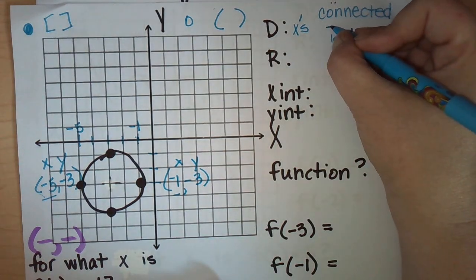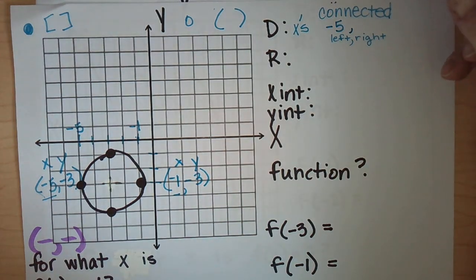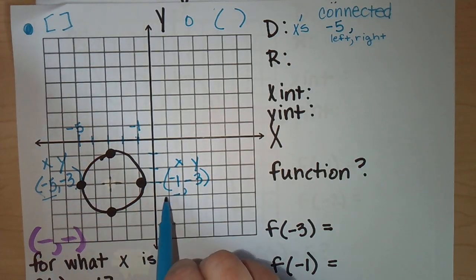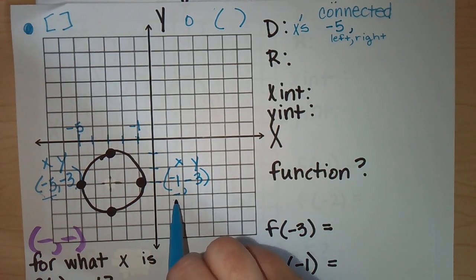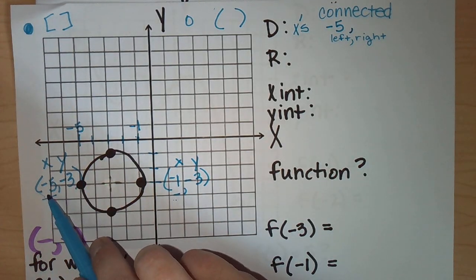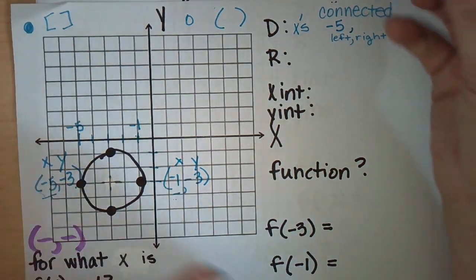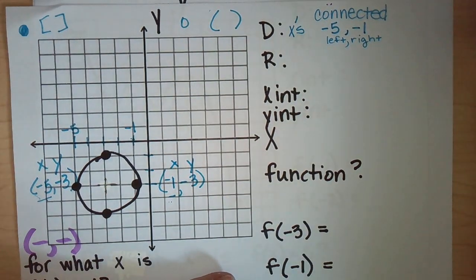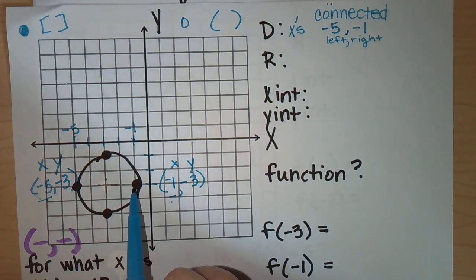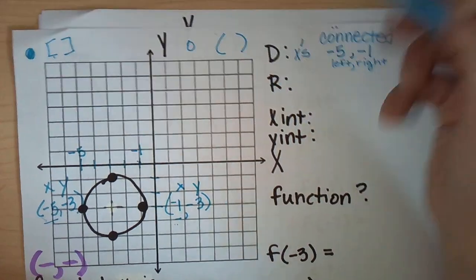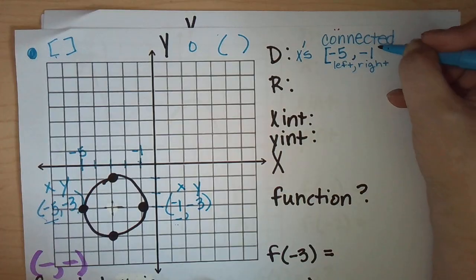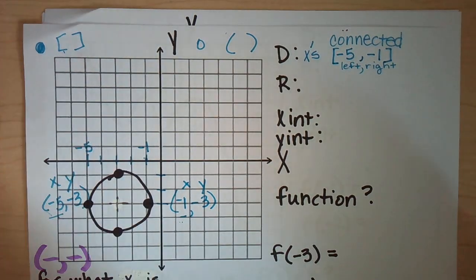Yeah, -5. Out of these two x's, which one is the biggest, or the not-as-big negative? And it's the -1. Both of these dots were closed, so I need to use a hard bracket around them. Okay, there's my domain.